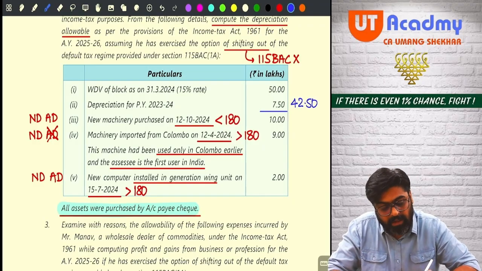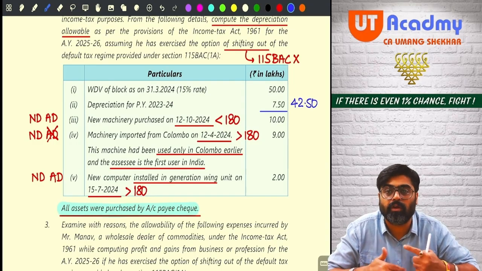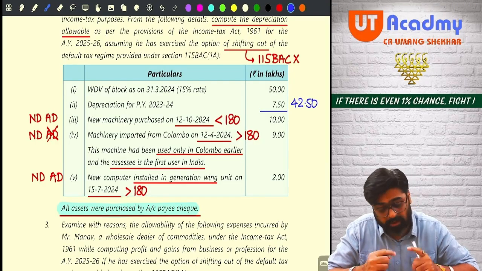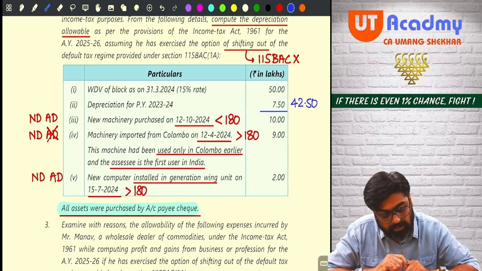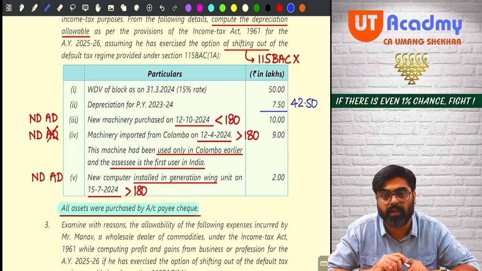See, machinery imported from Colombo on 12th April 24, meaning that this machinery was used for more than 180 days. But this machinery has been used only in Colombo earlier, and the assessee is the first user in India. See, this is a second-hand machinery.